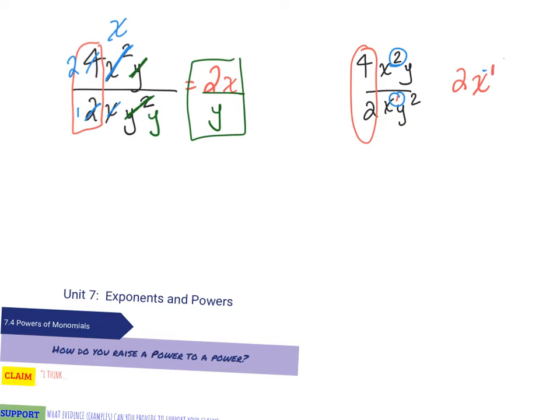And then the y, you would get y to the power of, remember there's an understood 1 up here, 1 minus 2, which would give you negative 1.